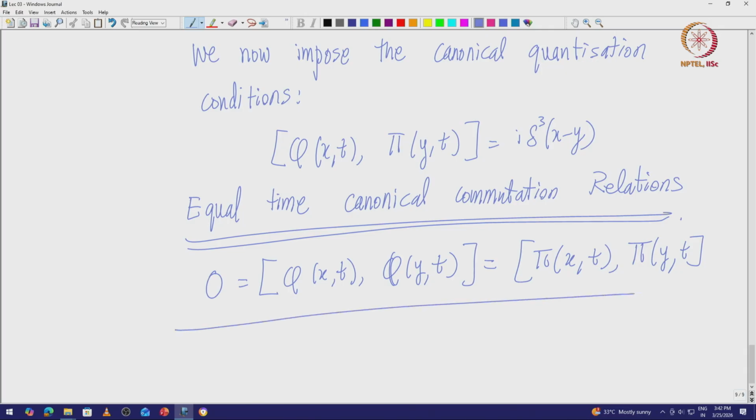They should commute. The fields should commute at different space points. The conjugate momentum fields also should commute at different space points, but the field and its conjugate momentum field will not commute at different space points, but at equal time. Okay. This is the first step.